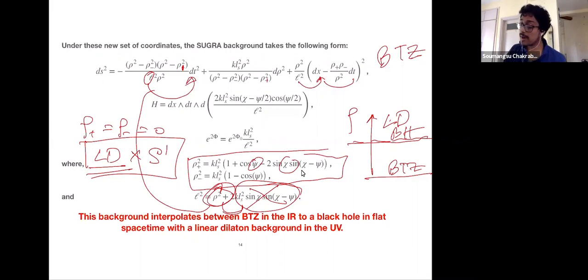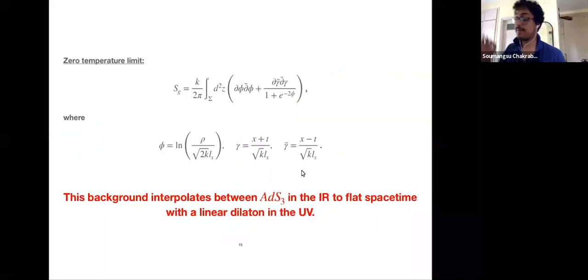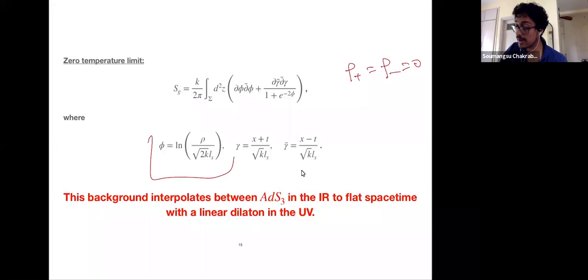And as I told you, this background interpolates between BTZ in the IR. So if you go very deep inside, so you fix the horizon somewhere deep inside, or let's say that we go to the zero temperature case, or maybe this slide is very good. Yes. So this is the same sigma model when I take rho plus equals rho minus equal to 0. Rho and phi are related this way.